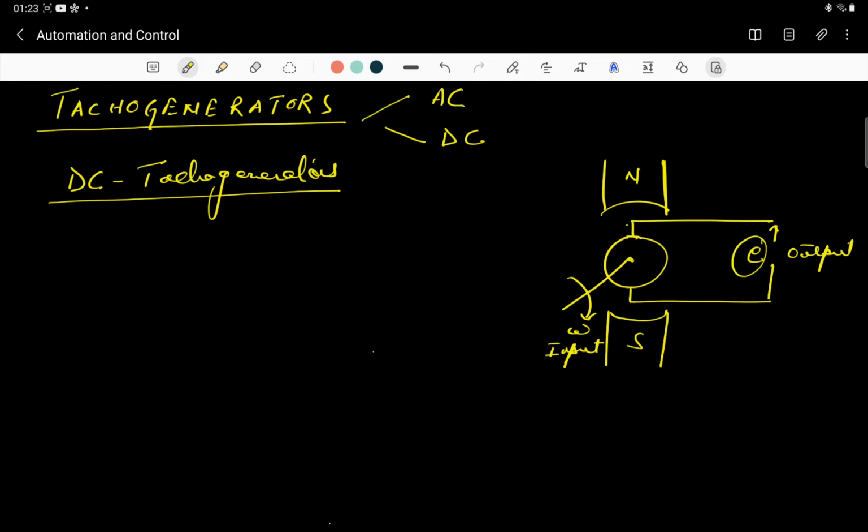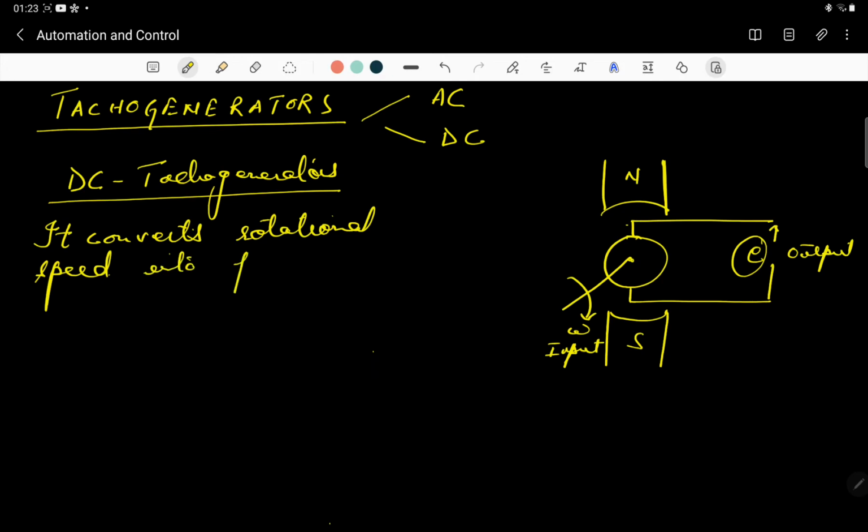As I already told you, the DC tachogenerator converts a rotational speed into a proportional DC voltage.